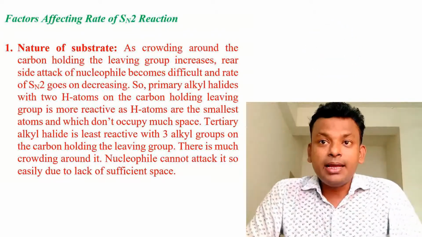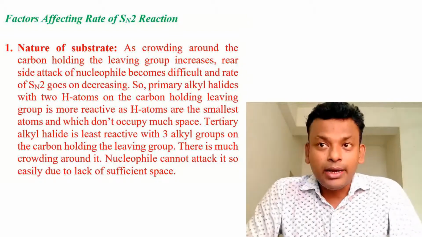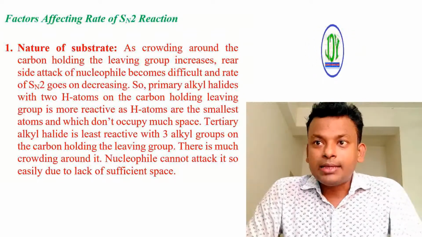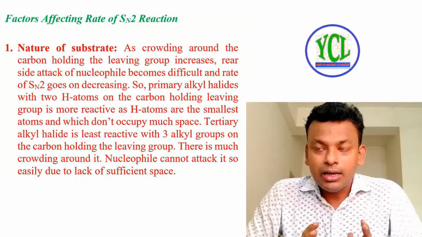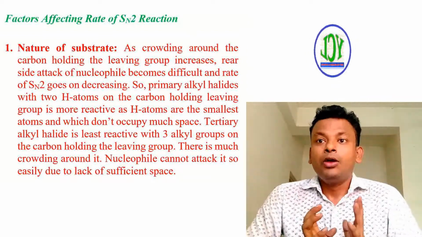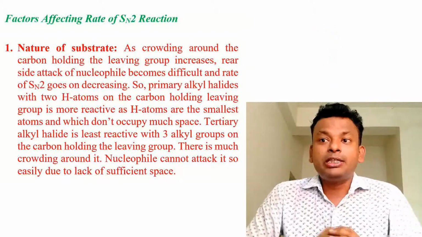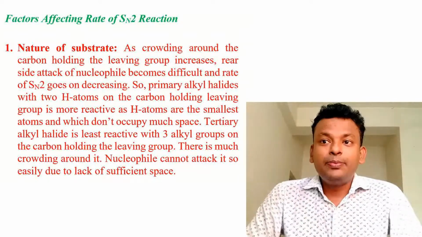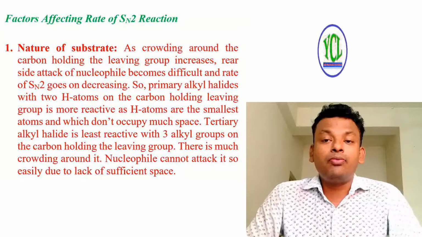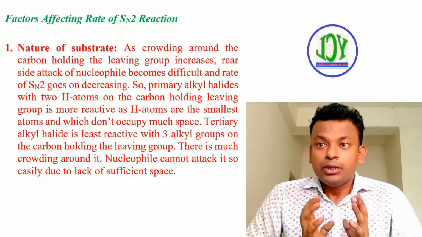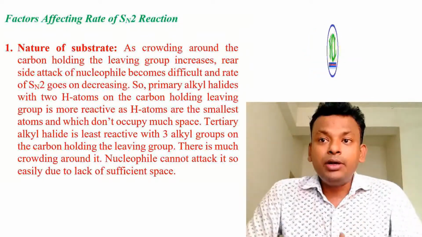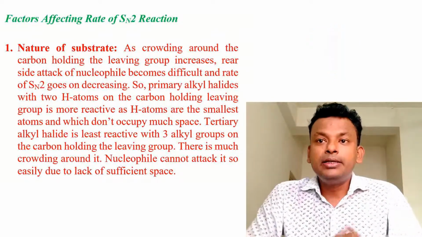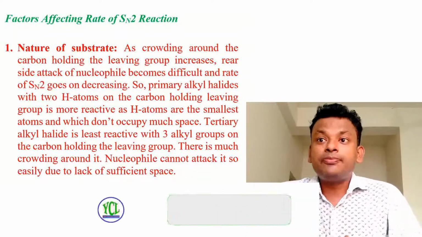So a primary alkyl halide with 2 hydrogen atoms on the carbon holding the leaving group is more reactive, as hydrogen is the smallest atom and doesn't occupy much space, and a tertiary alkyl halide is least reactive with 3 alkyl groups on the carbon holding the leaving group. There is much crowding around it. The nucleophile cannot attack it easily due to lack of sufficient space.